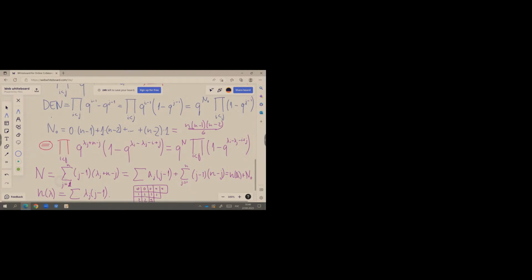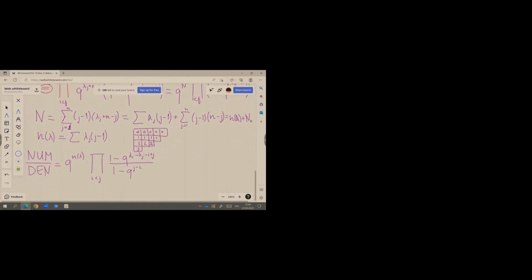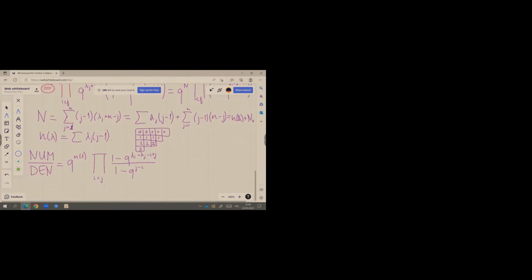Yeah, that's what we had over there. Otherwise, I can do one more trick. I'll be pretty brutal about this: let me divide each factor here by 1 minus q, and here I'll divide it by 1 minus q as well.